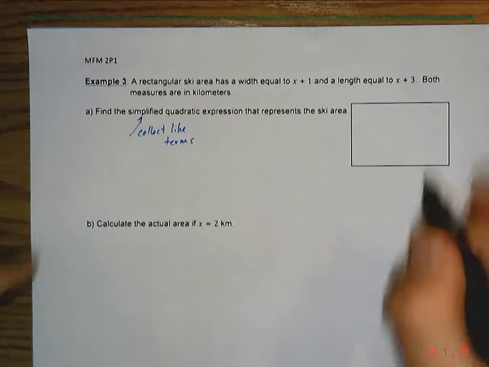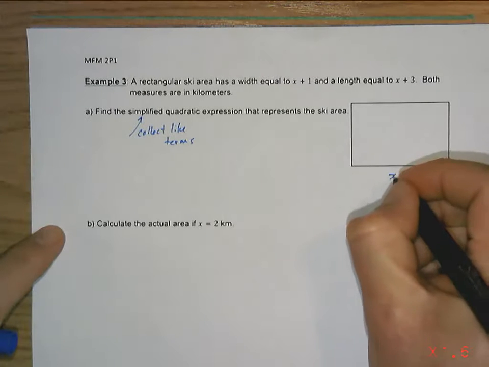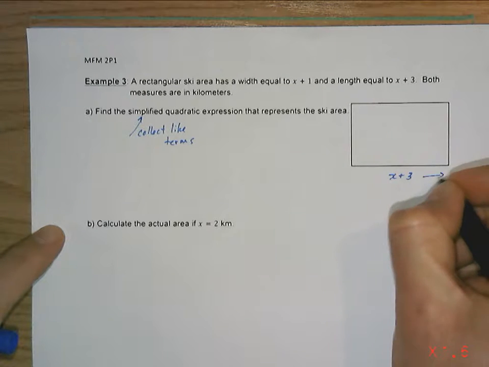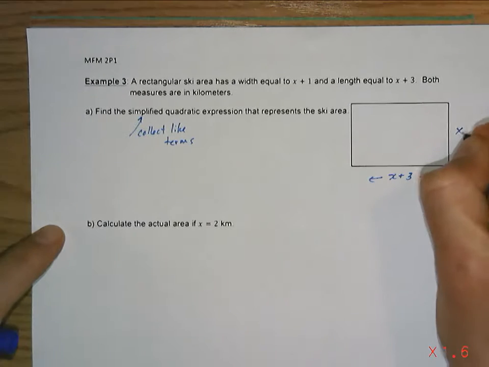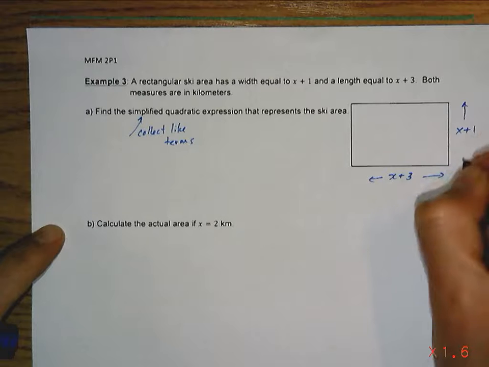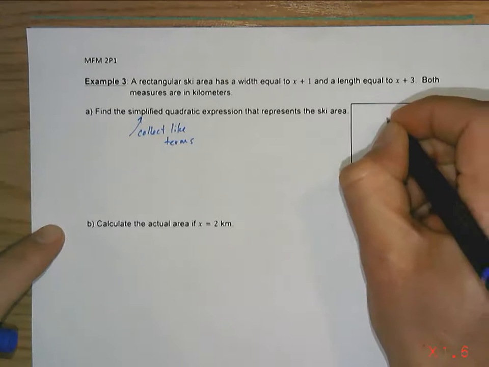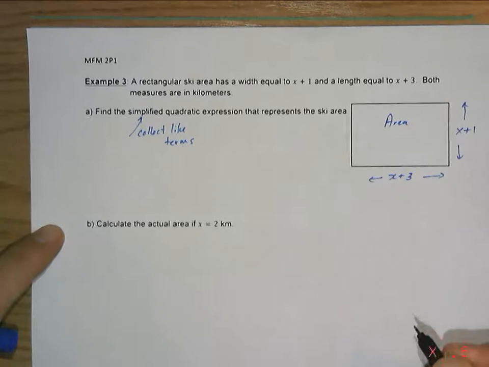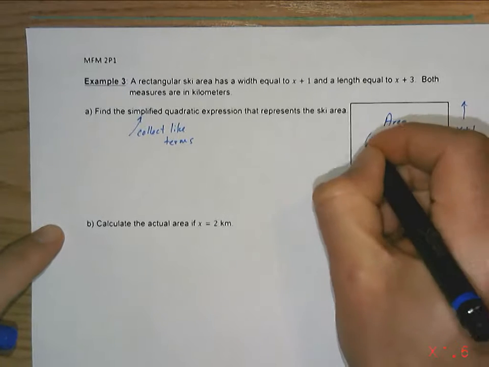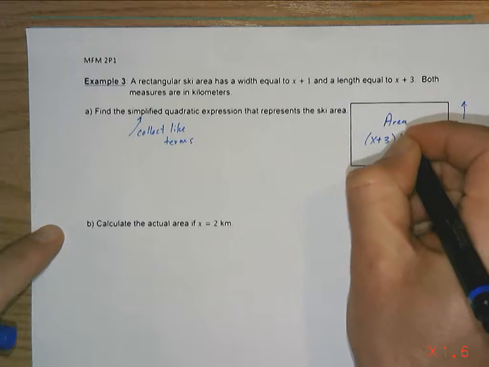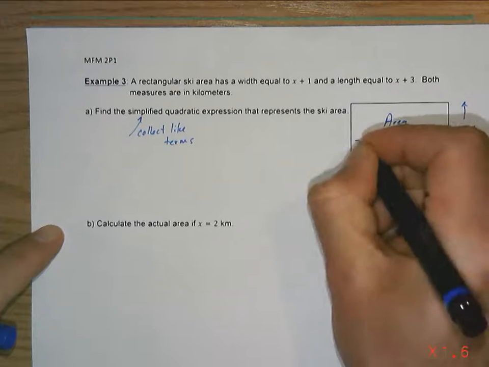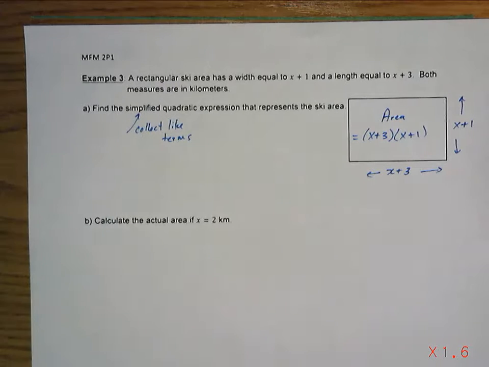So, length is x plus 3. Width is x plus 1. The area is equal to length times width. So the area is going to be x plus 3 times x plus 1. Does that make sense?